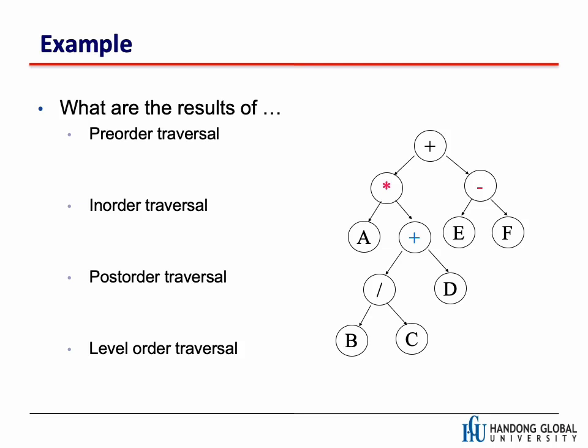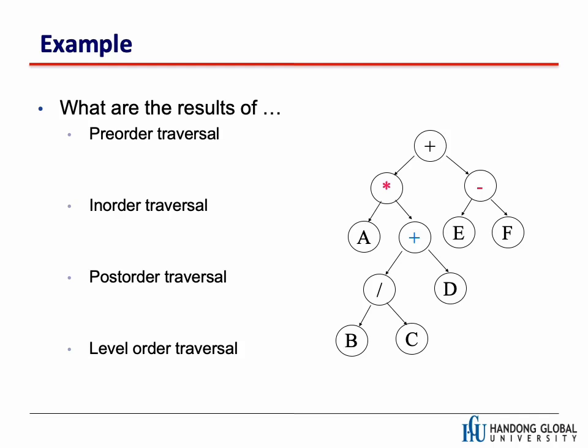Pre-order will print out plus star A plus slash B C D minus E F. If it is in-order, it will be A star B slash C plus D plus E minus F. If it is post-order, it should be A B C slash D plus star E F minus plus.